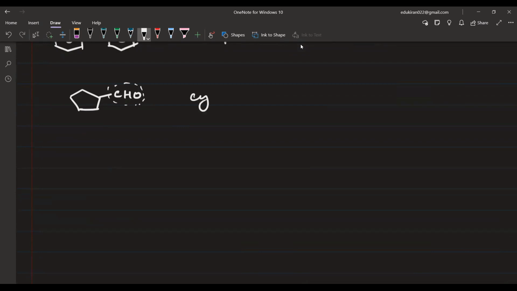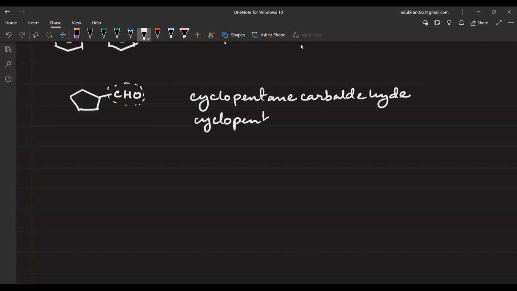This will be cyclopentane carbaldehyde, or you can also write this as cyclopentyl carbaldehyde.